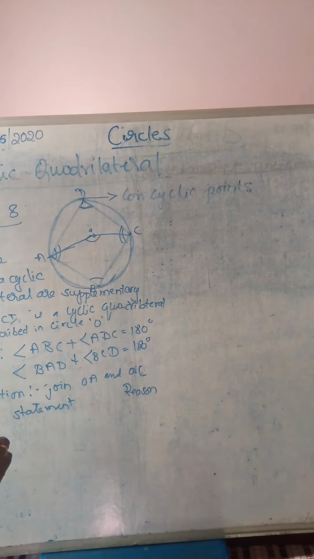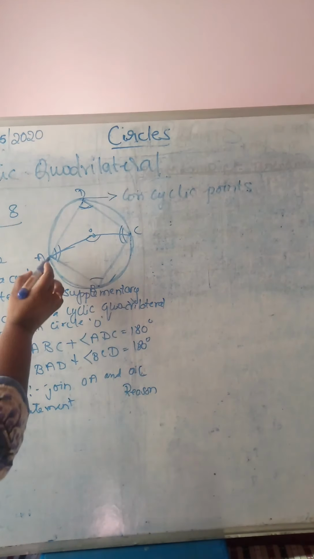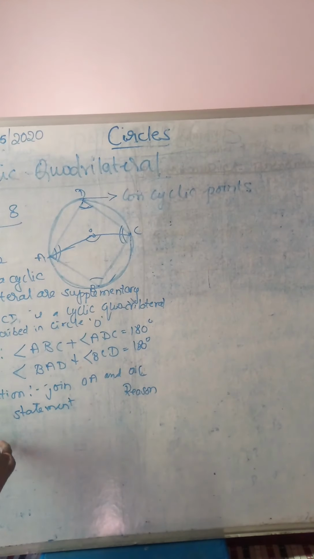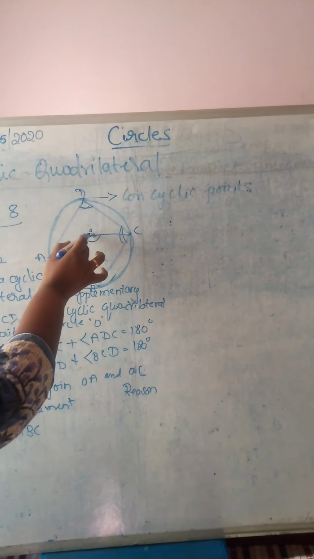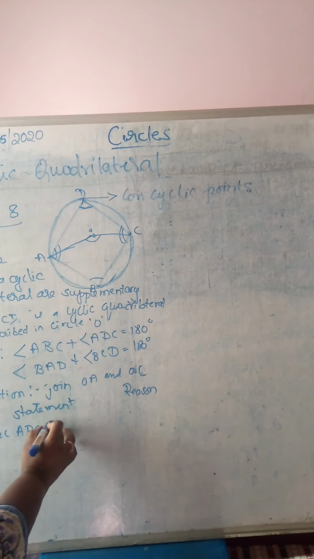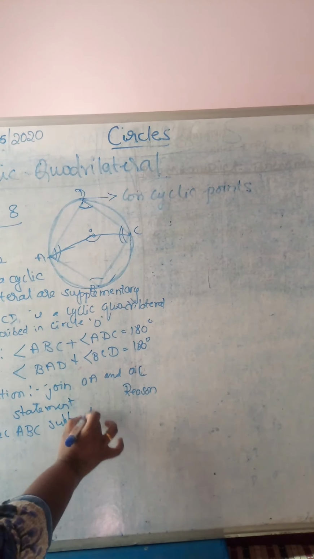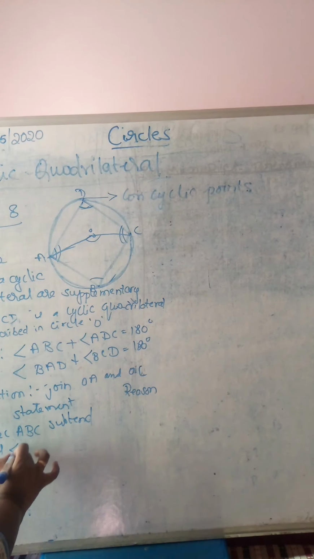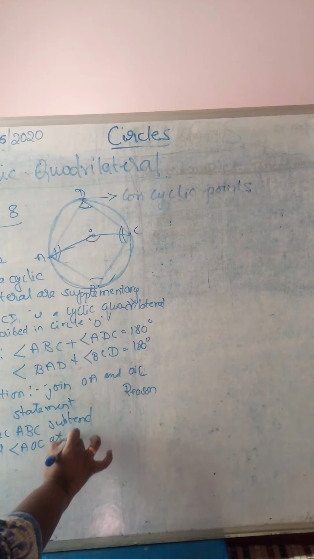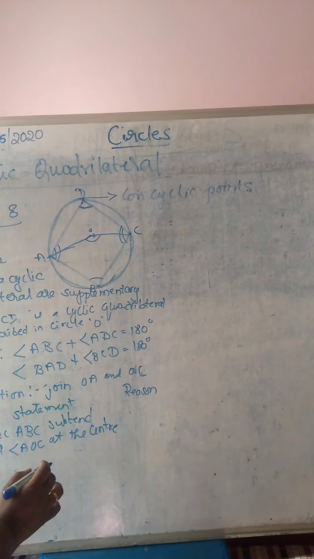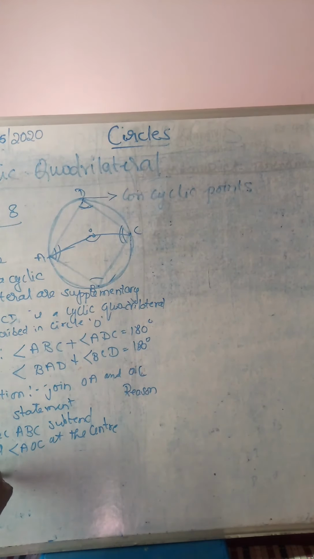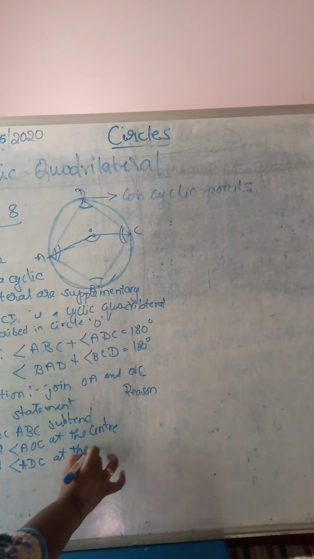Okay. Now the first statement: arc ABC subtends angle AOC at the center, and it also subtends angle ADC at the circumference.